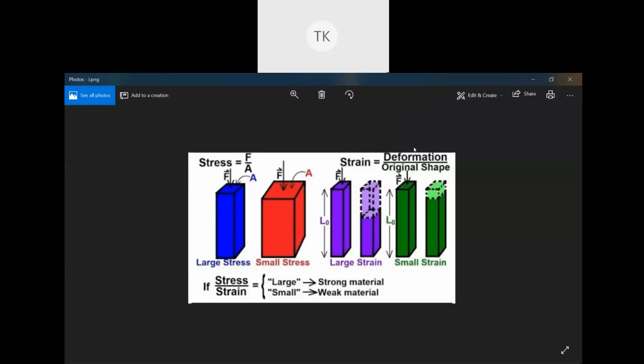Yes, sir. Okay, so ignore this large stress, small stress thing. I'm just telling you a basic example. Now look, what is strain? Strain is change in length divided by original length. That means deformation by original. Suppose this is L. Now you are applying some amount of force here.